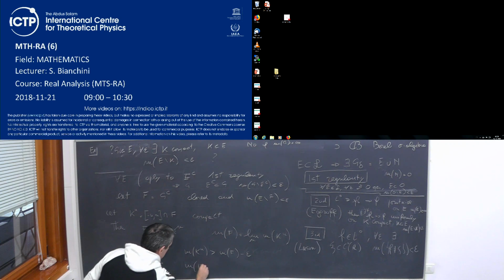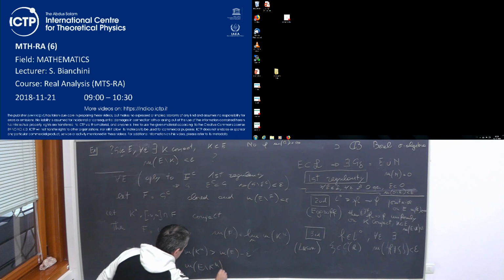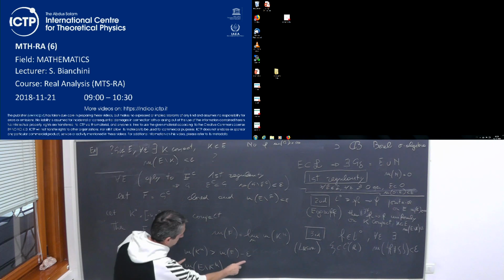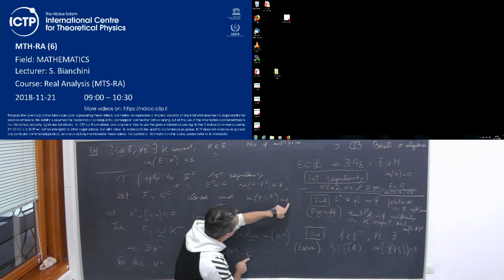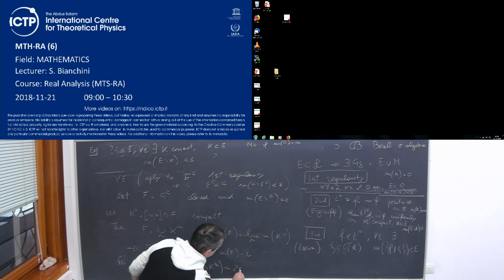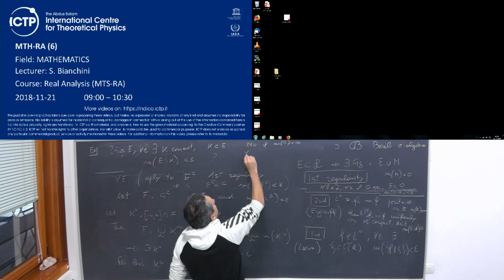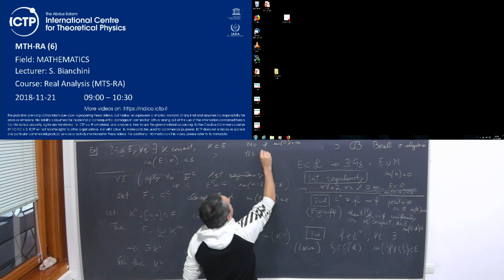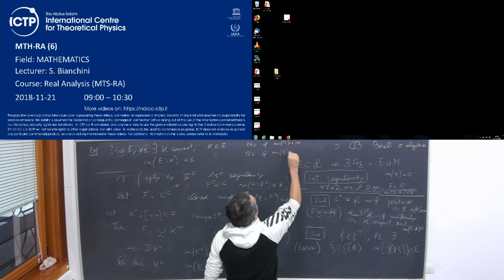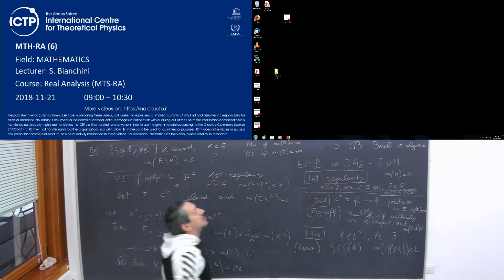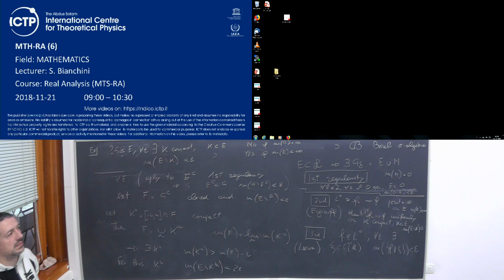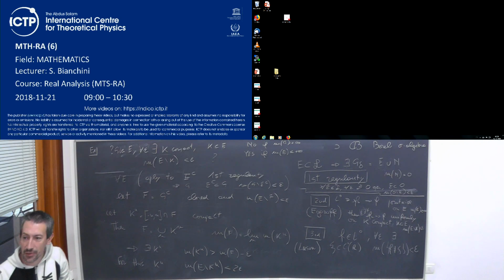The measure of E minus Kn is less than, okay, I have an epsilon here, so 2 epsilon. So yes, okay, very important exercise. Sets of finite measure are essentially bounded.